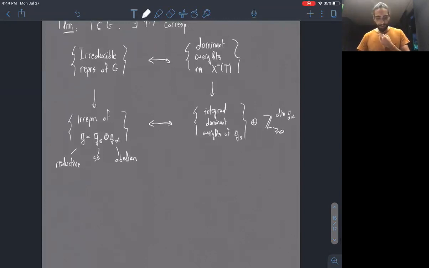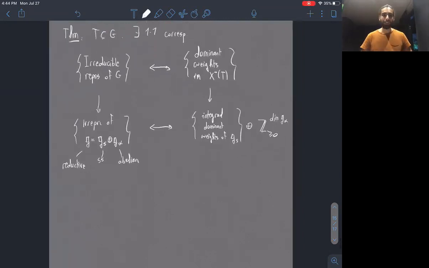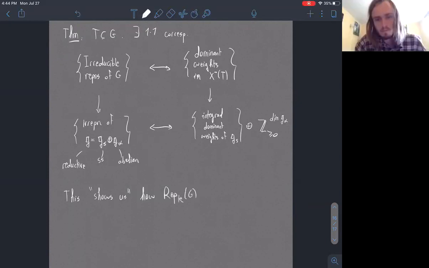And one more structural thing that this classification theorem gives us, this also shows us how the full category of representations is built.